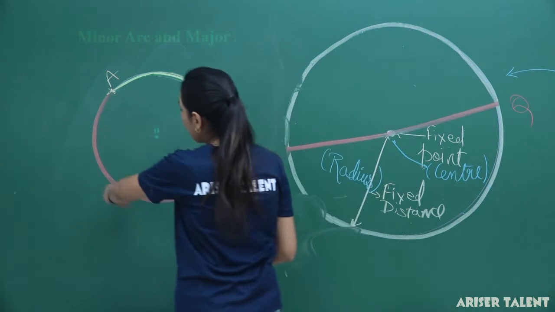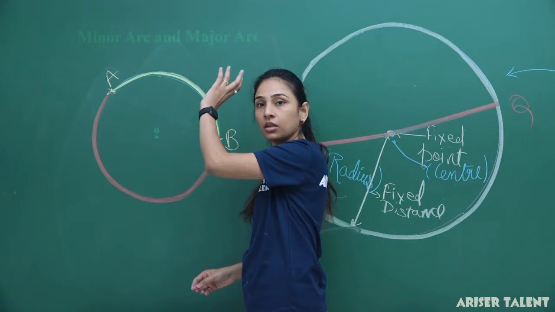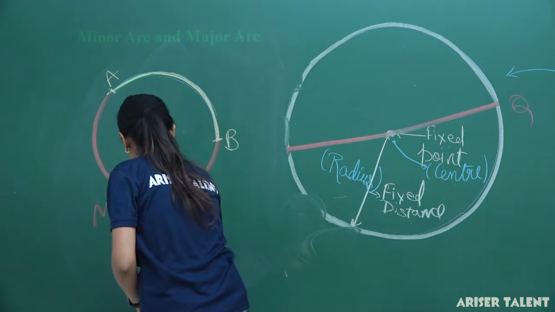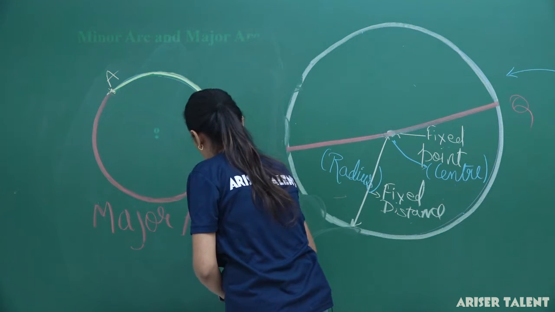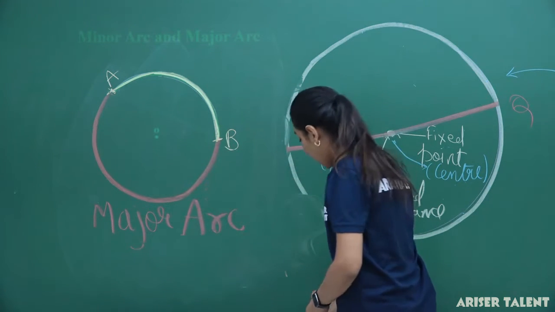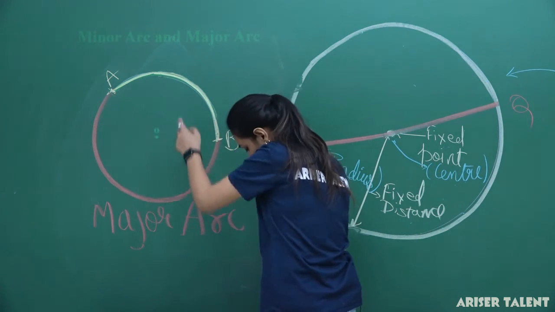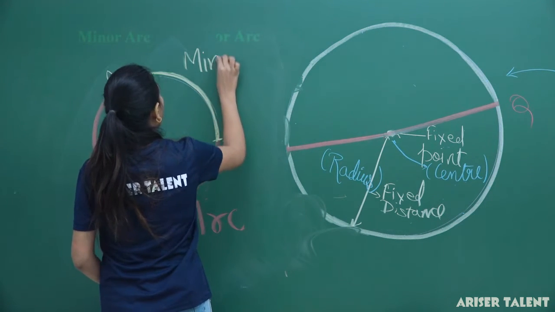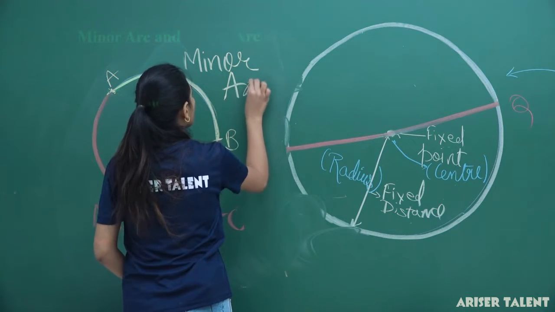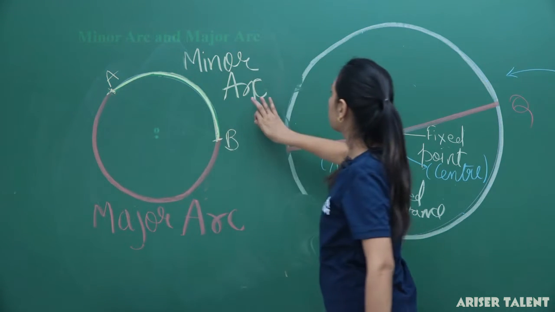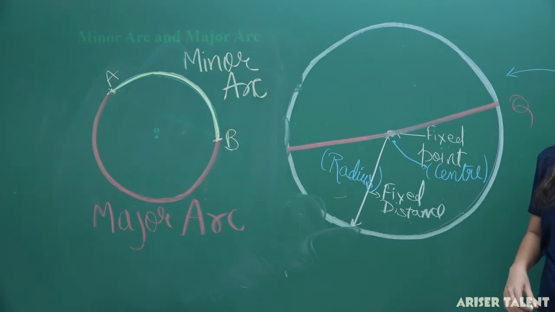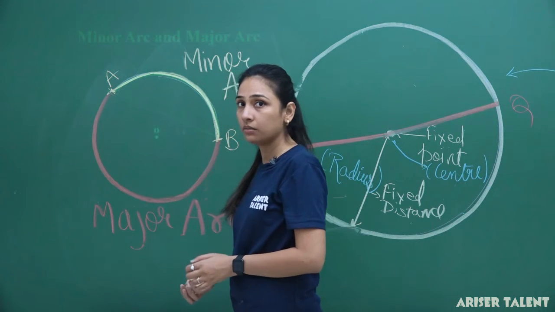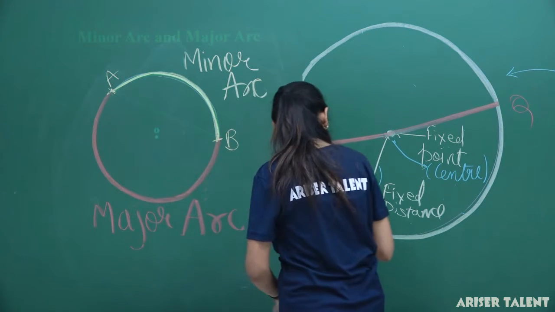Because this is the major portion, this will be the major arc and this will be the minor arc. Understood? Major arc, minor arc. No rocket science in that.